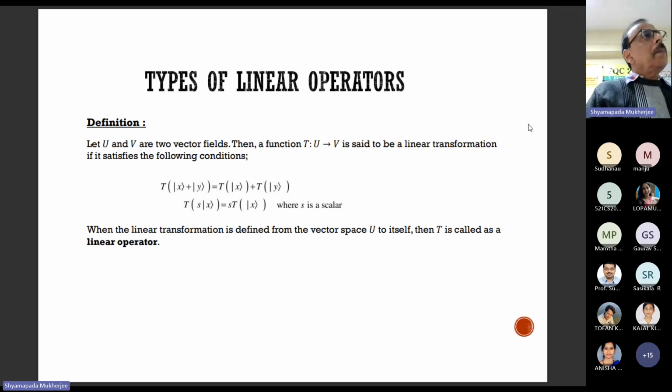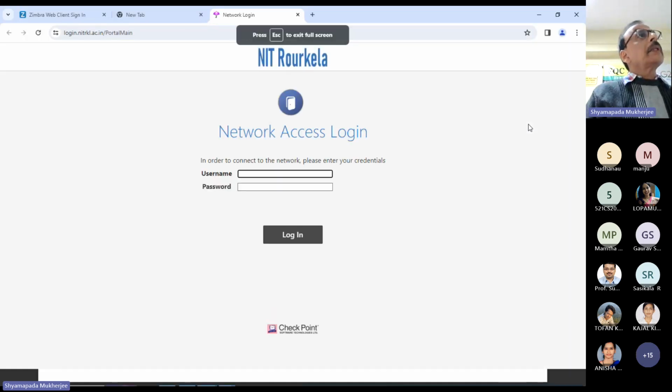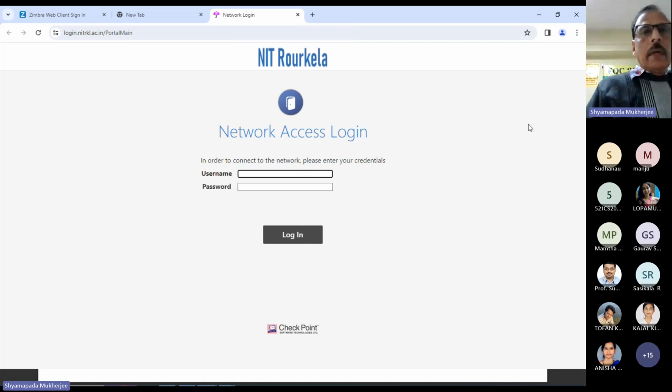And I know that a matrix can be regarded as an operator. What is a linear operator? A linear operator is an operator which acts on a vector and gives rise to a new vector. In rough language, an operator operates on a vector giving a new vector.